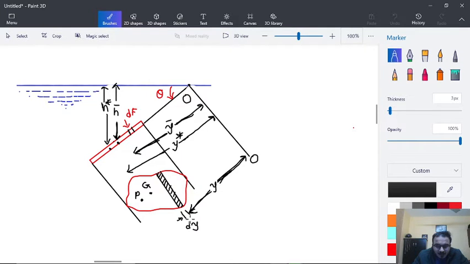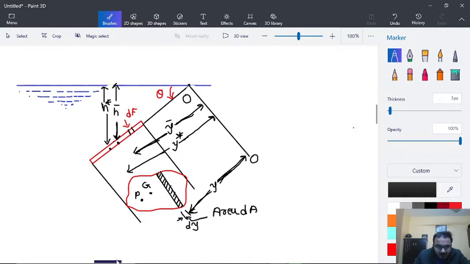Here we are having area as dA. So here consider an arbitrary shaped surface like this which is submerged in a liquid, making an angle of theta with the free surface.